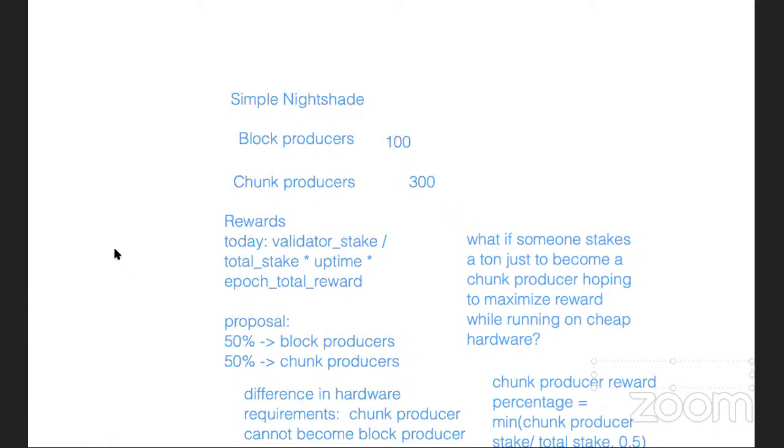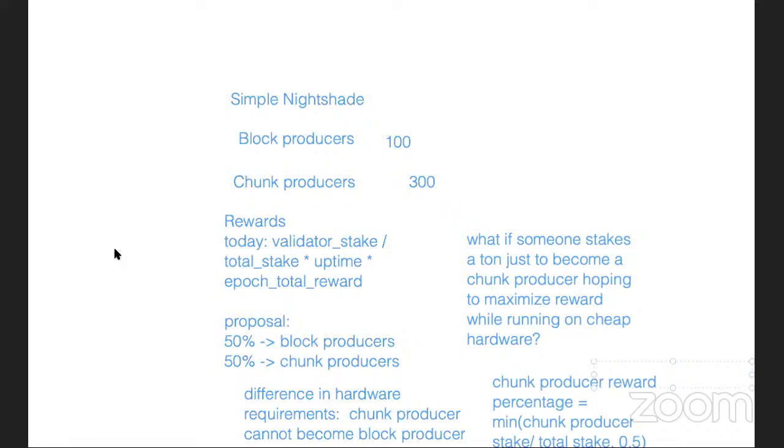That way you would be incentivized, whatever tokens you have, you would have to distribute it into two places, right? And now the advantage of this would be that it will always be optimal for you to run both, a separate machine for block producing and a separate machine for chunk producing, because you are earning the money from both sides.